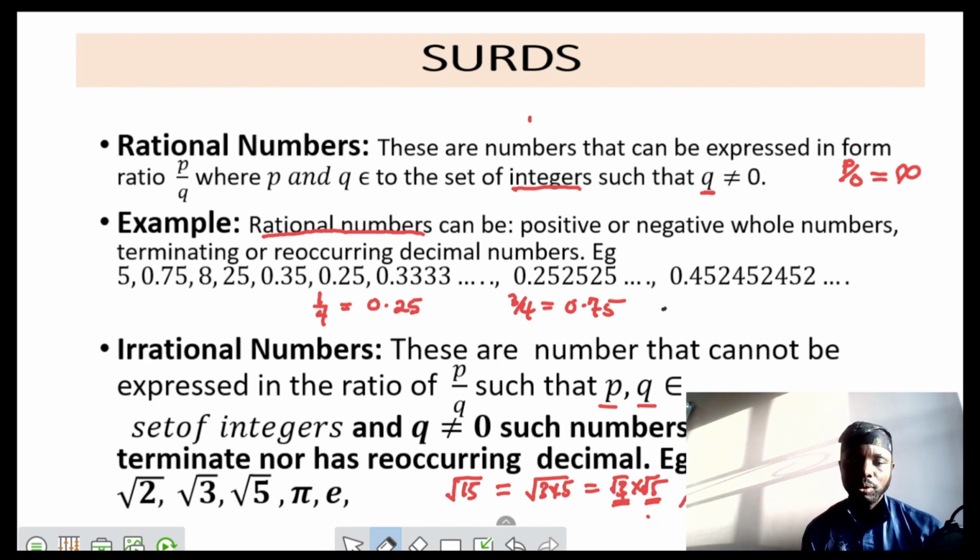If I have root 10, it can be broken into 2 times 5, which becomes root 2 times root 5. So root 2 and root 5 are prime numbers. That's why the root of a prime number, or any number, even an odd number, that can be broken into prime numbers, becomes an irrational number.